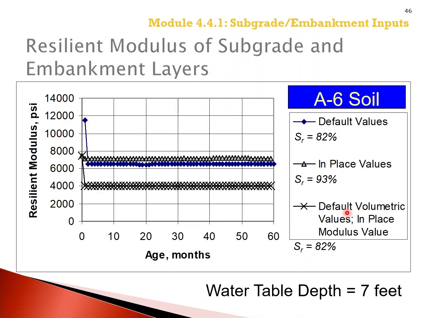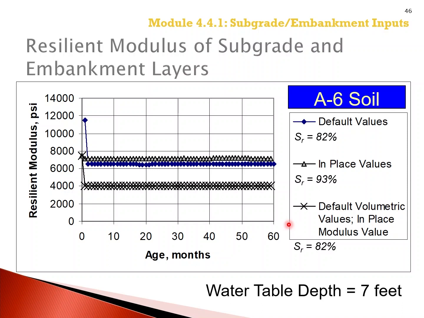This slide demonstrates the importance of input compatibility for the subgrade embankment layers regarding the design resilient modulus and volumetric properties. So first, the default value of the design resilient modulus for an A6 soil measured at the optimum water content and maximum dry unit weight are entered in the Pavement ME software for an A6 subgrade soil.